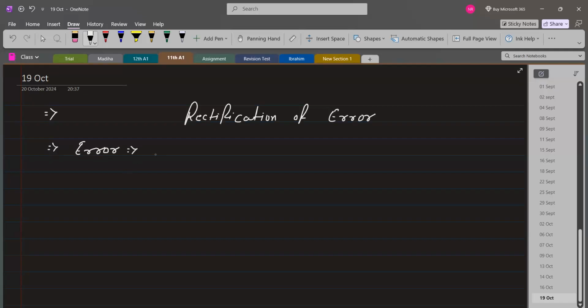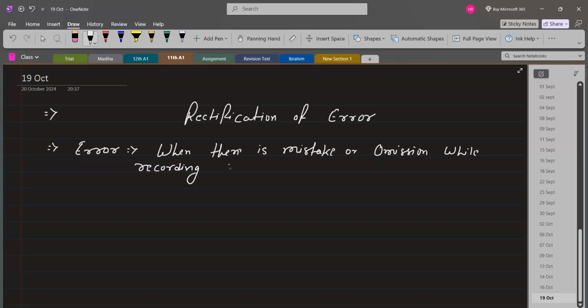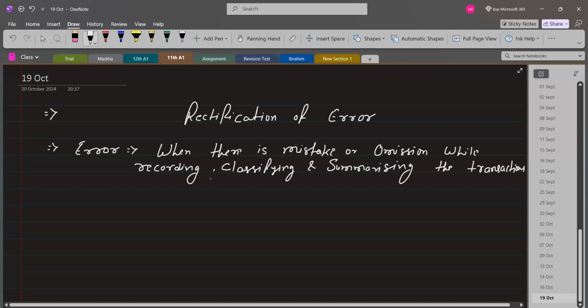When there is a mistake or omission while recording, classifying, and summarizing the transactions, then it is called error.